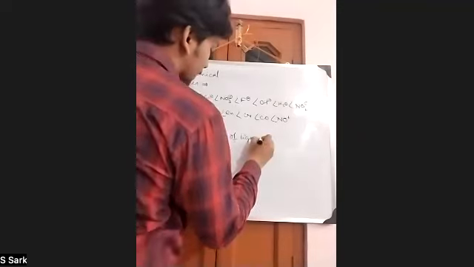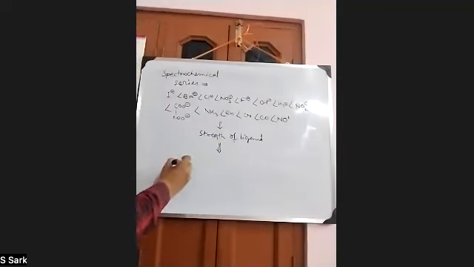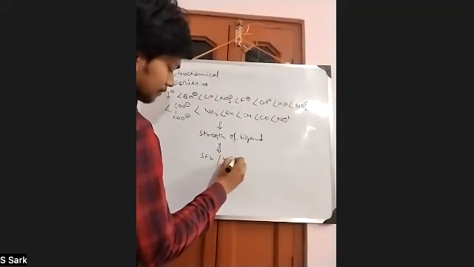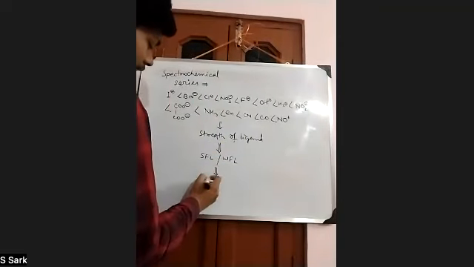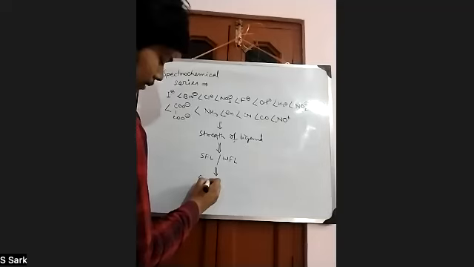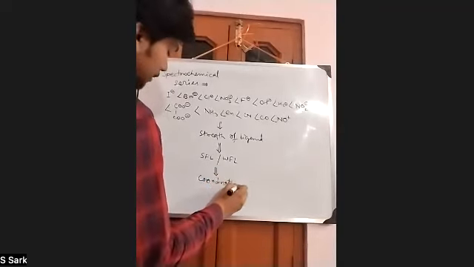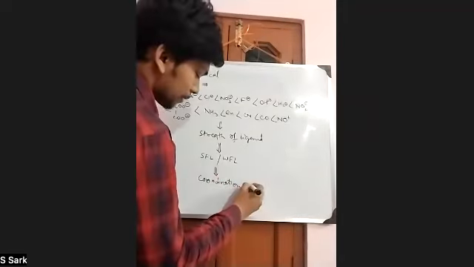And by this we can predict if a ligand is a strong field ligand or a weak field ligand. So when a weak field ligand or strong field ligand is attached to a coordination complex, by the data of the spectrochemical series, we can predict whether the complex will be low spin or high spin.